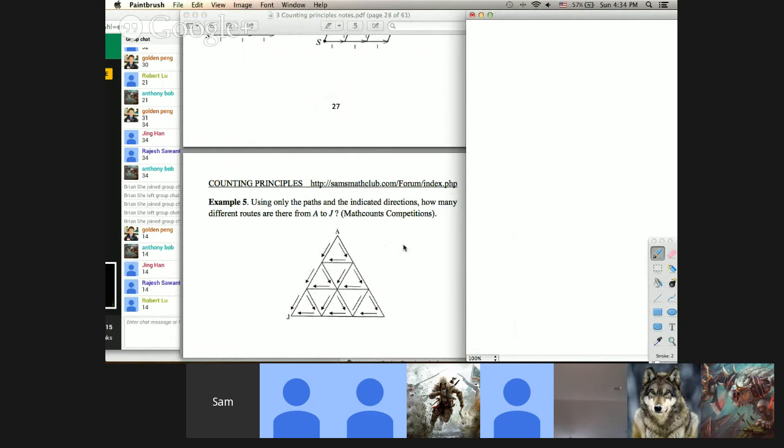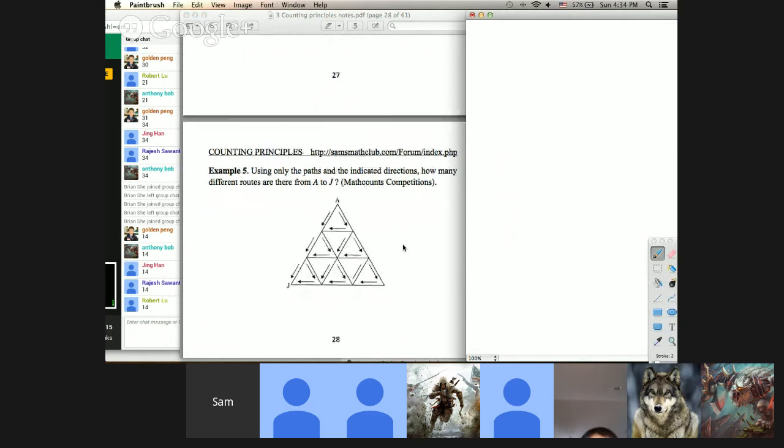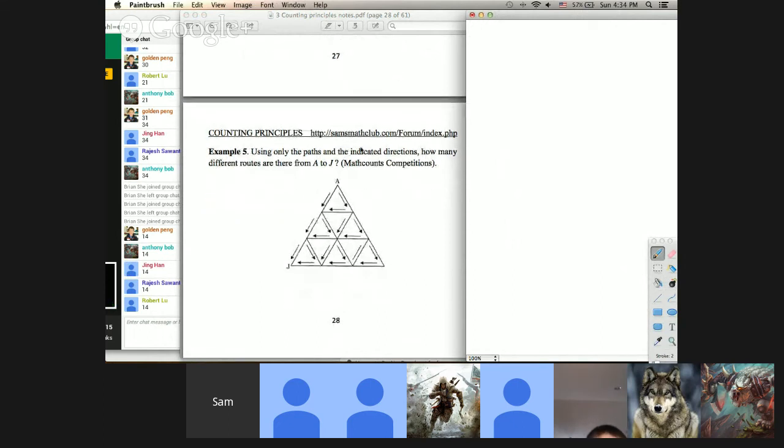Anyway, this one is actually from MathCounts, so it's very applicable. And what's nice is they've already given you the arrows. So it's like, using only the path, how many different routes are there from A to J? So even if you just saw the answer, still try to do it.